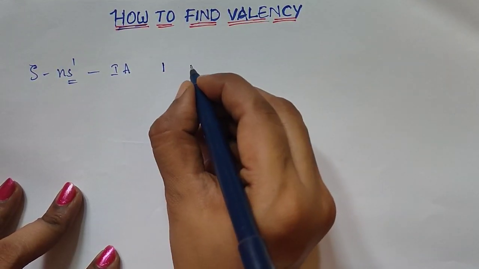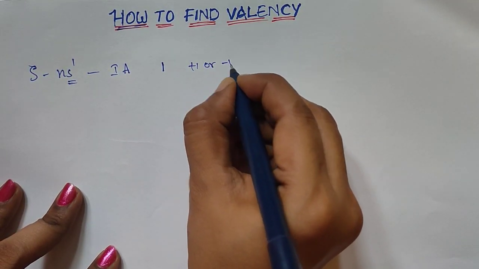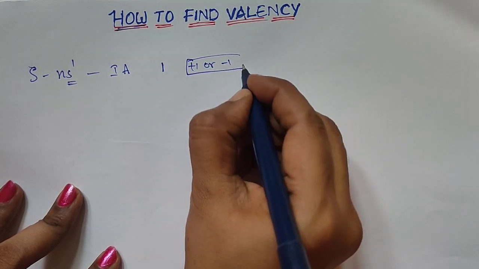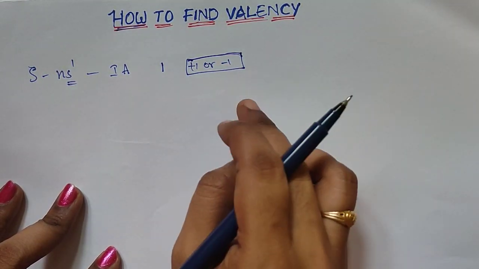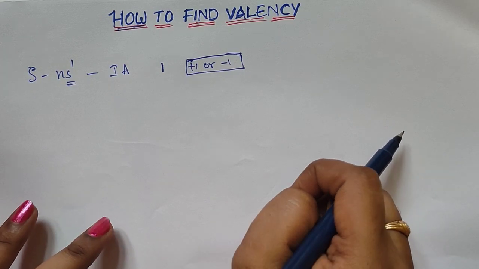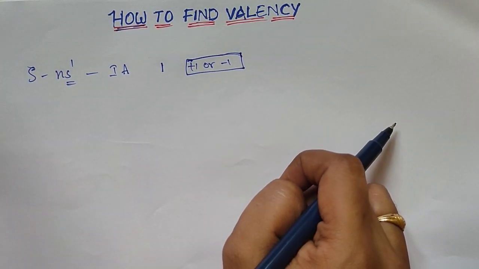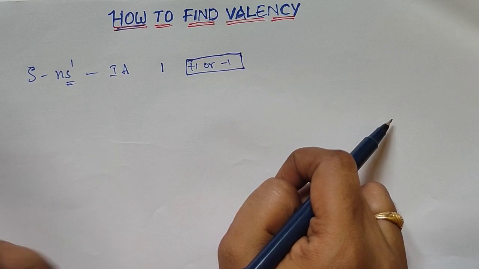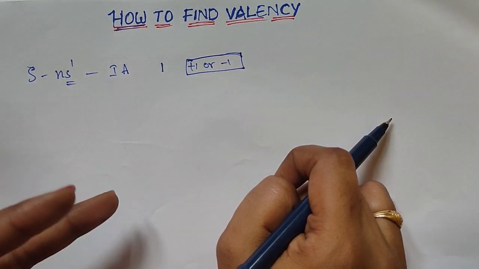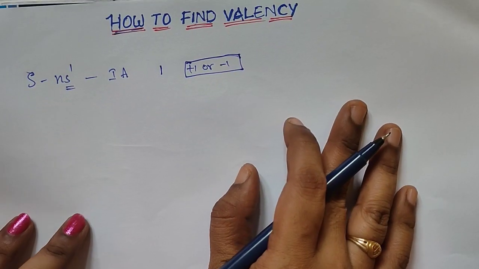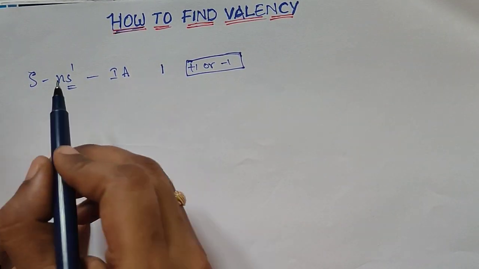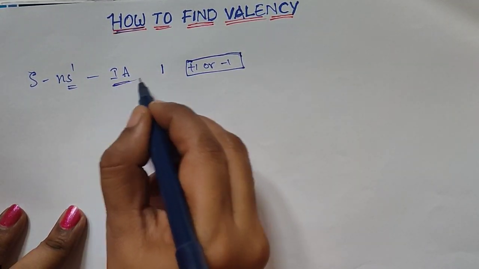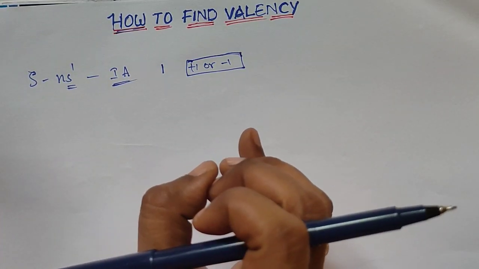You should not say whether this is +1 or -1. You should not say plus or negative values in the case of valencies. Okay, it is just the combining capacity, whether it can take electrons or lose electrons. We cannot say. Okay. See, this is the first A group. It is fixed. For first A group, all the elements have valency 1.